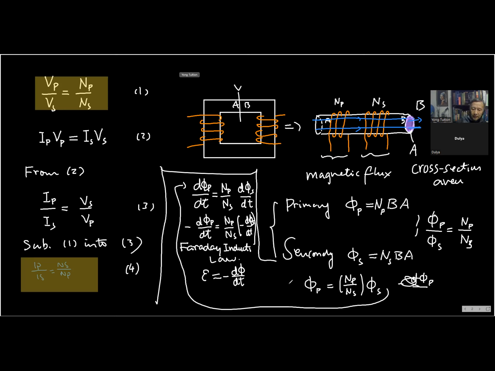And this induced voltage can also be written as induced EMF. Induced EMF is the same as induced voltage, all right? So from this, we can argue that V primary will equal NP divided by NS, multiplied by V secondary.